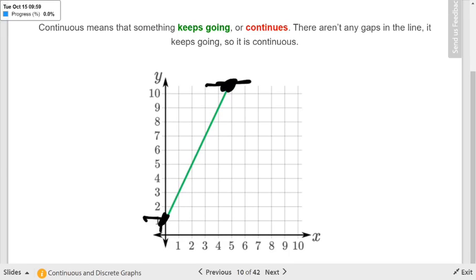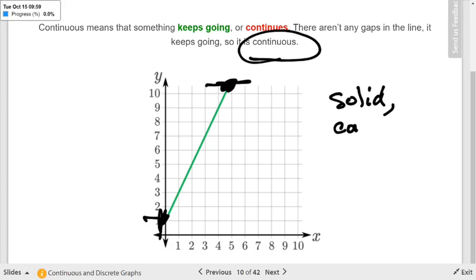As far as the graph goes, the line goes. And so it continues all the way across the graph, and that is why it's called continuous. It's a solid line, and it continues all the way across the graph.